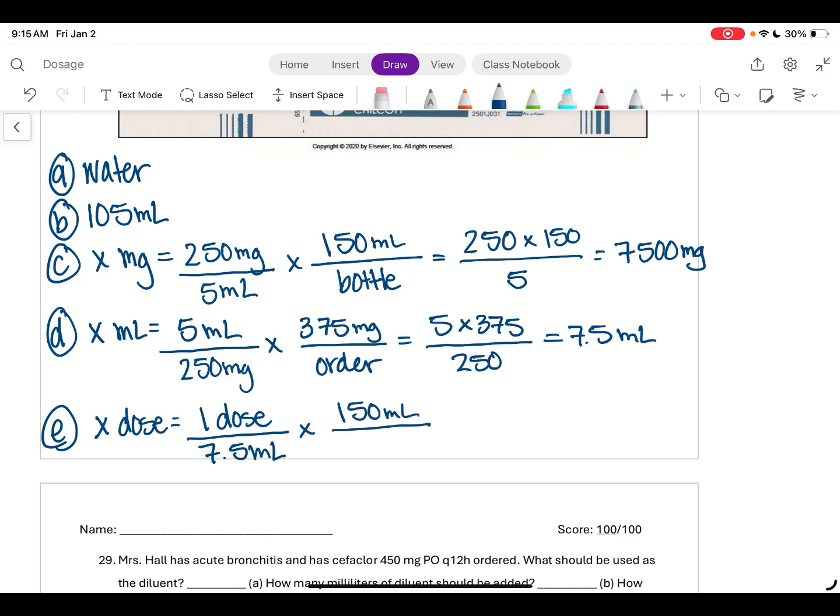We got that from our label. 150 divided by 7.5. 20 doses in the whole bottle. Okay.